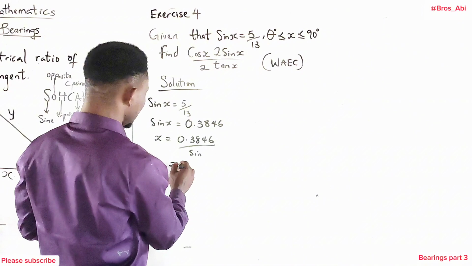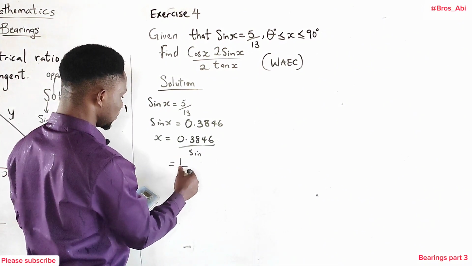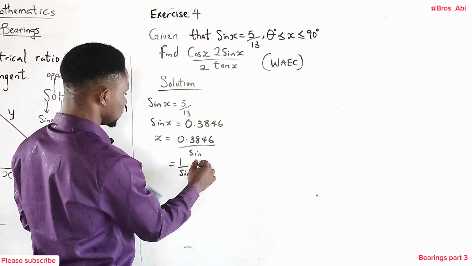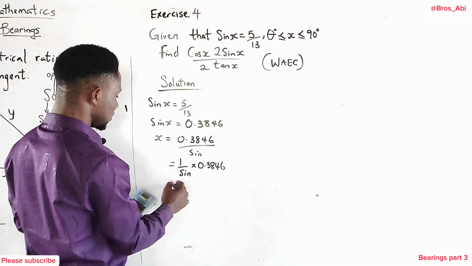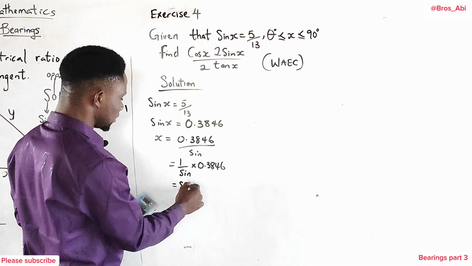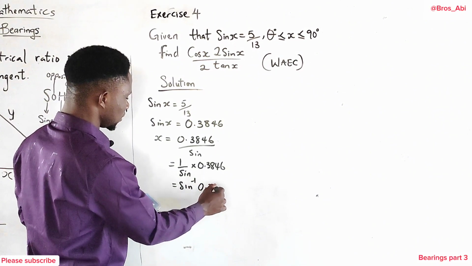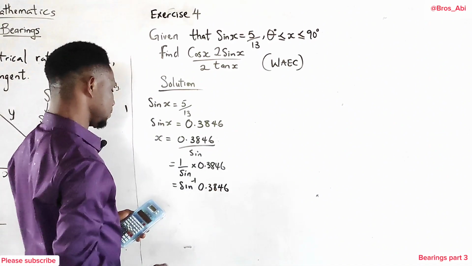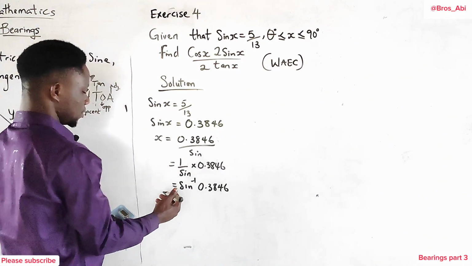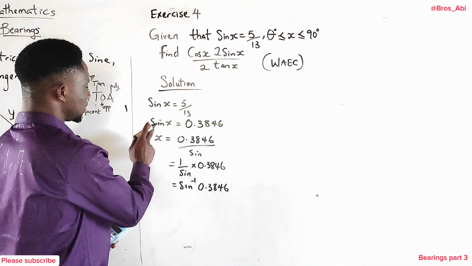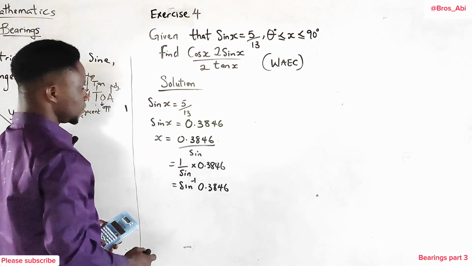And remember, in indices, this simply means 1 over sine times 0.3846, and can simply be written as sine inverse of 0.3846. But nevertheless, we know that when we are dividing by sine, it becomes sine inverse of the value.